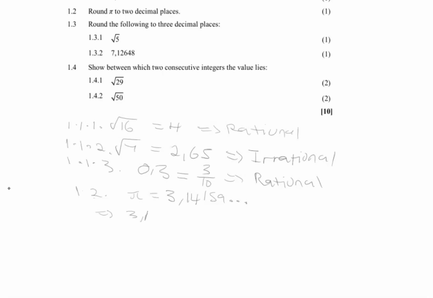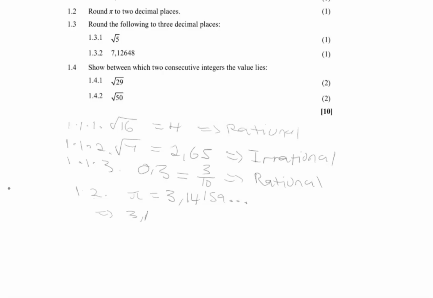When the number is less than 5, the number remains the same. When the number is equal to 5 or greater than 5, you have to add 1 to this number.